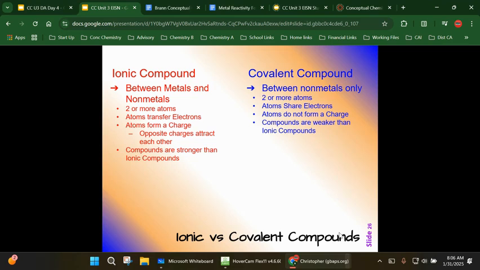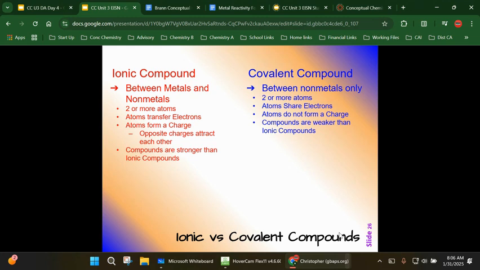Atoms transfer electrons. When they do, they get opposite charges. What do opposite charges do to each other, ladies and gentlemen? They come together. So remember, atoms combine to become stable. They become stable by filling their valence shell. So this atom loses electrons to another atom that gains them.